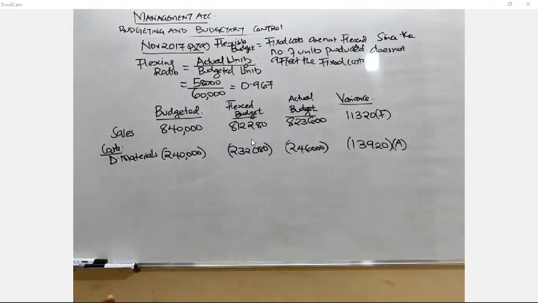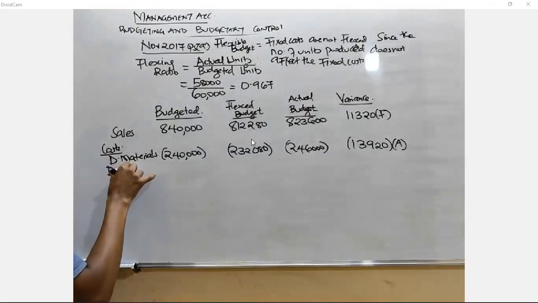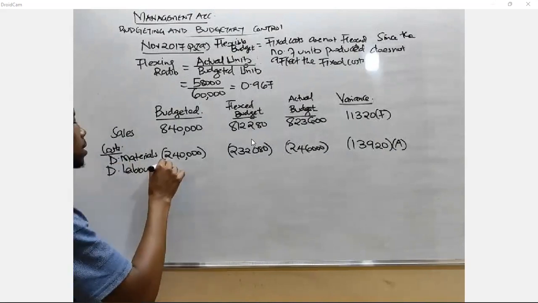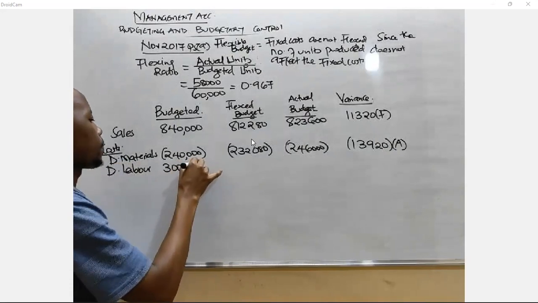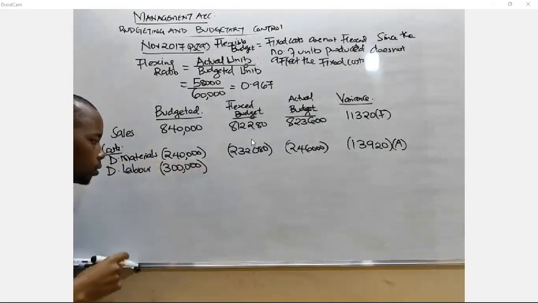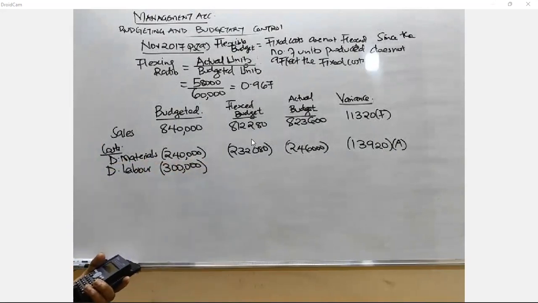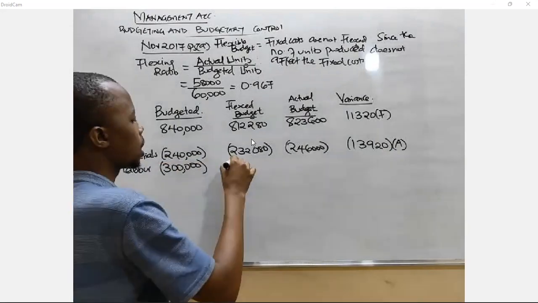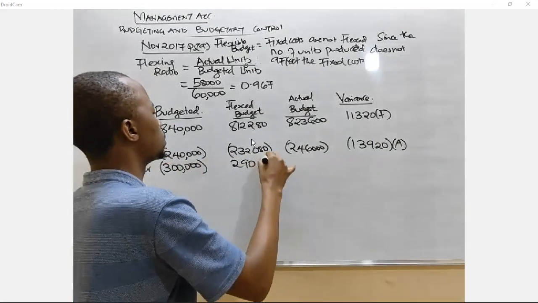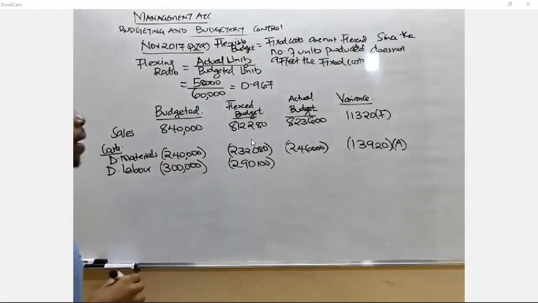From there, we go to direct labor. It's very simple. Under the direct labor, we have 300,000 budgeted. When you flex 300,000, multiplying by 0.967, we are getting 290,100.